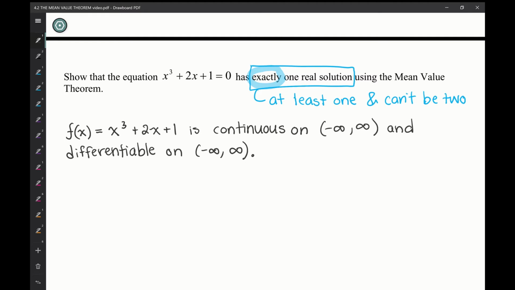We need the continuous and differentiable for a part of Rolle's theorem, and we need the continuous for part of the intermediate value theorem.